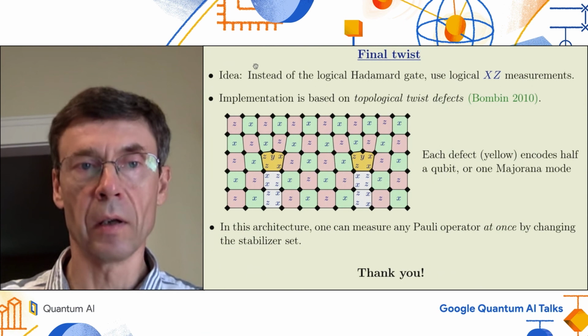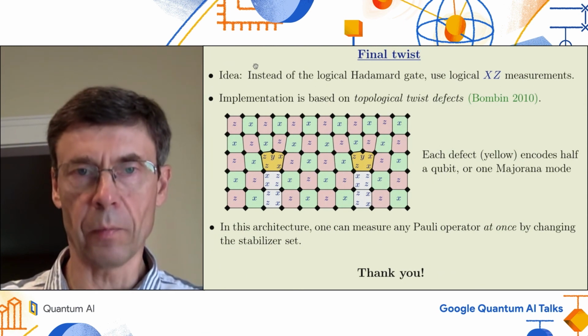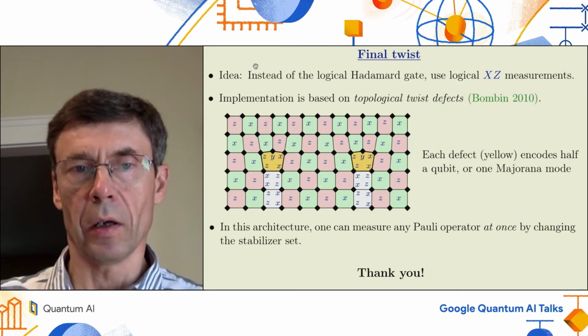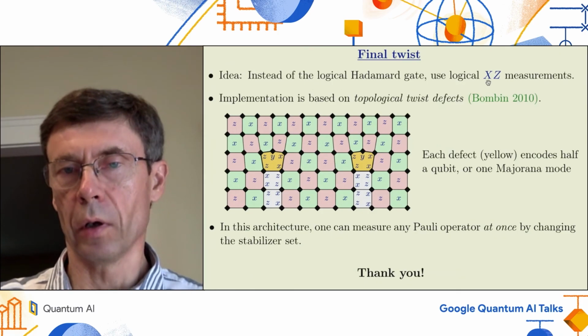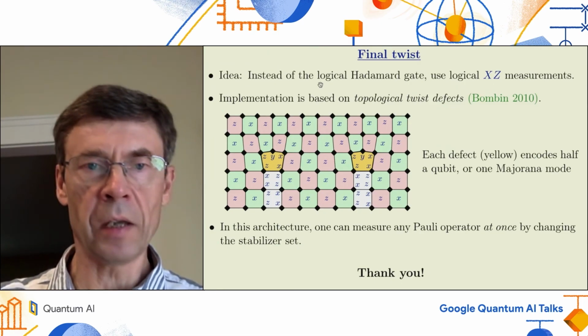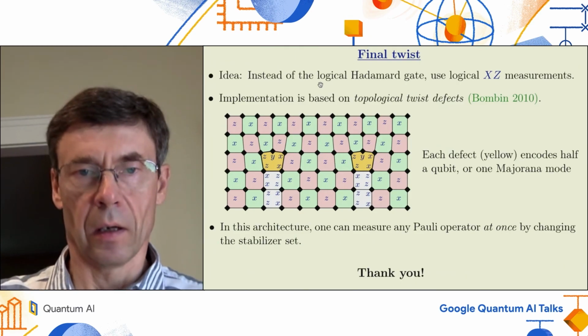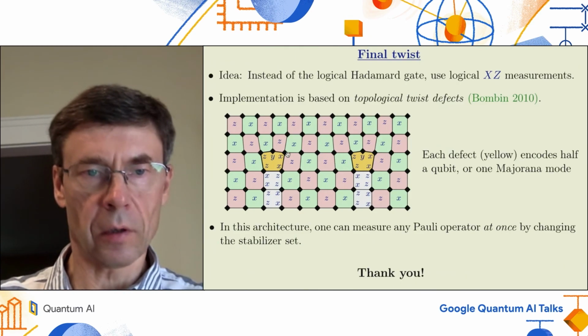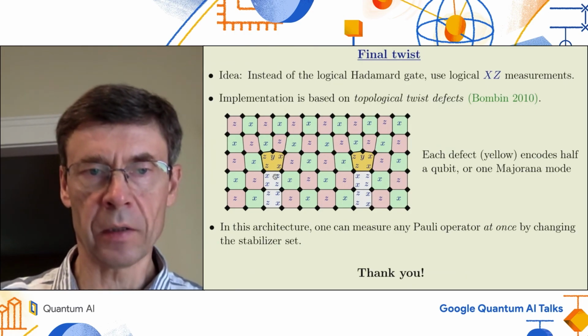There is another scheme. This idea takes measurement-based computation to extreme. Instead of the logical Hadamard gate, we can do logical XZ measurements. The implementation is based on so-called topological twist defects. The picture shows two such defects depicted in yellow.